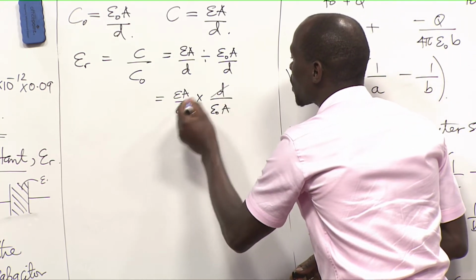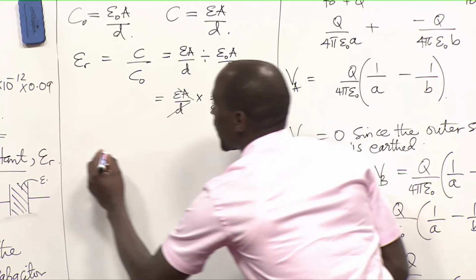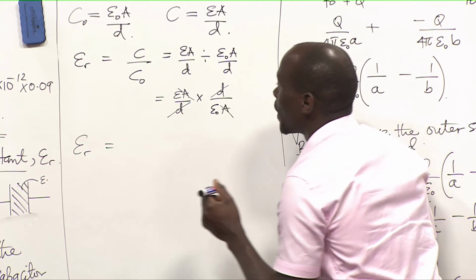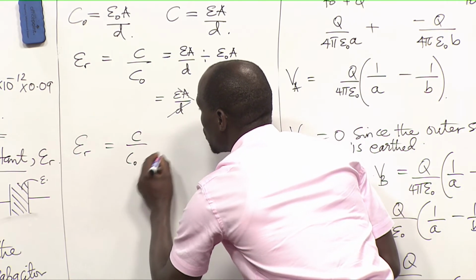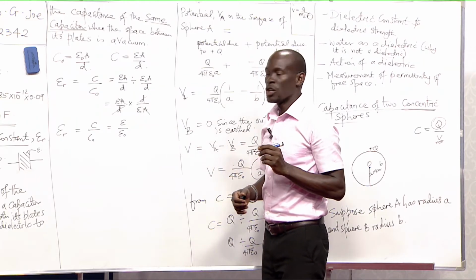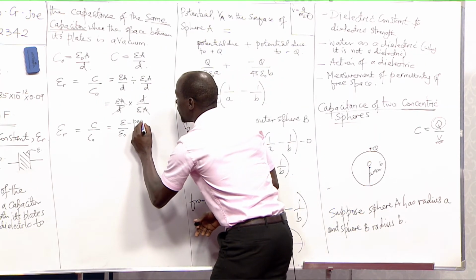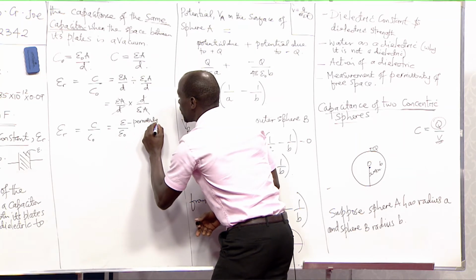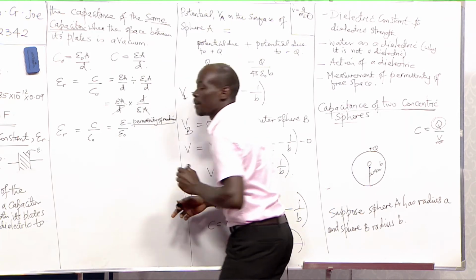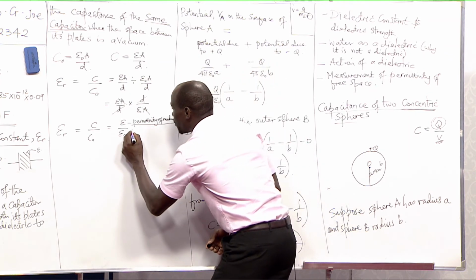So this D will cancel with this D. Even the area of overlap will cancel with the area of overlap, implying that our relative permittivity or our dielectric constant will now be equal to C over C naught, which is equal to epsilon over epsilon naught. So what did we say epsilon is? The permittivity of the medium. And then what did we say epsilon naught is, my candidates? We said it is the permittivity of free space.